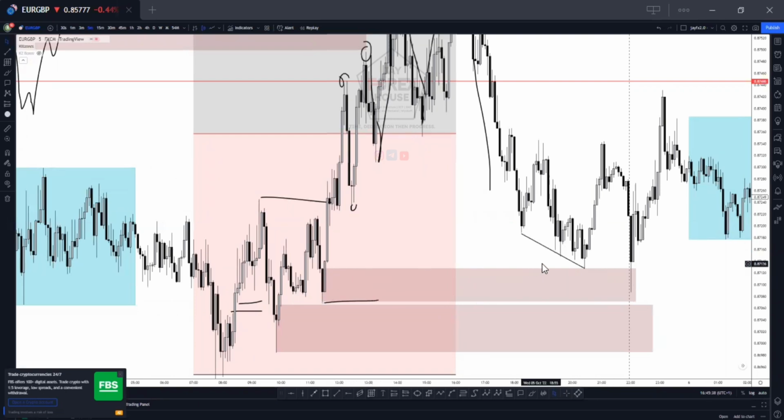Okay, so I told you guys, if you come close to the POI but don't mitigate it, it is liquidity. And we see it never actually did break the swing high, right? And they did not really break this one as well. So this is confirmed to be liquidity, and an FU candle of this is inevitable.